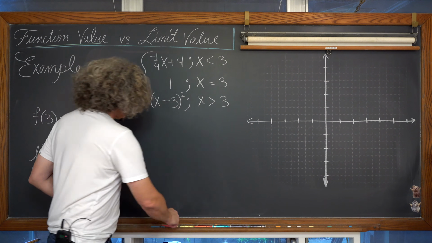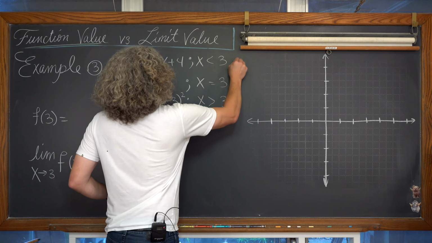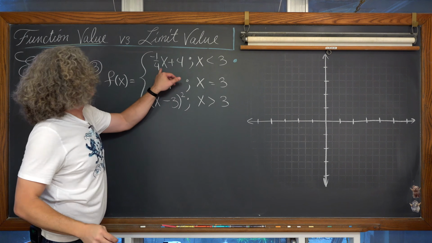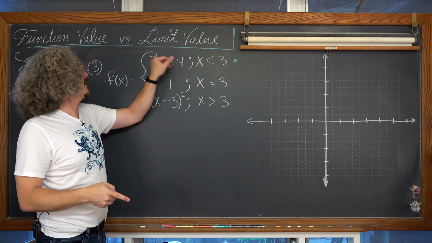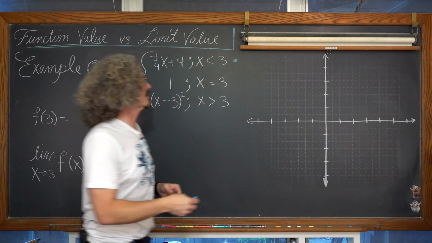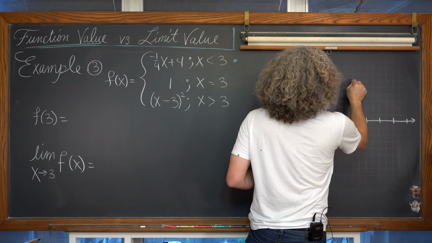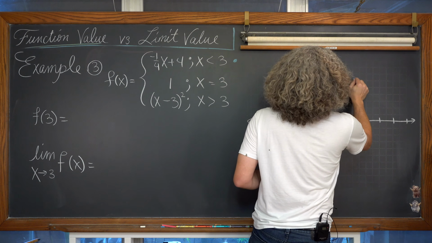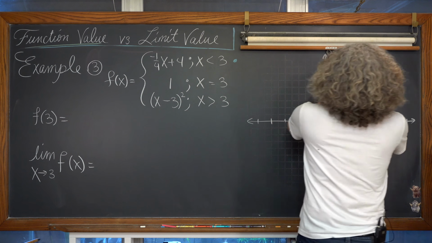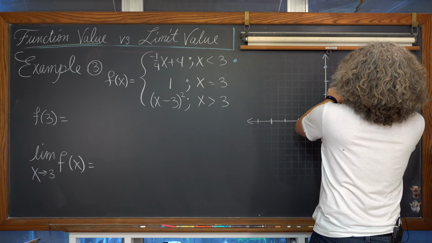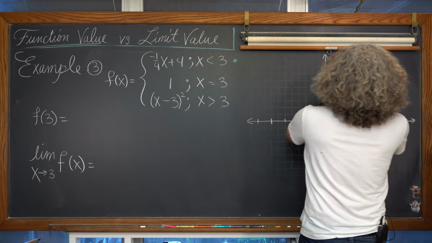Our first function, which we'll do here in blue, is a line whose y-intercept is 4 and whose slope is -1/4. So we're going to go up to 4, and then we're going to go down 1 and over 4. 1, 2, 3, 4.